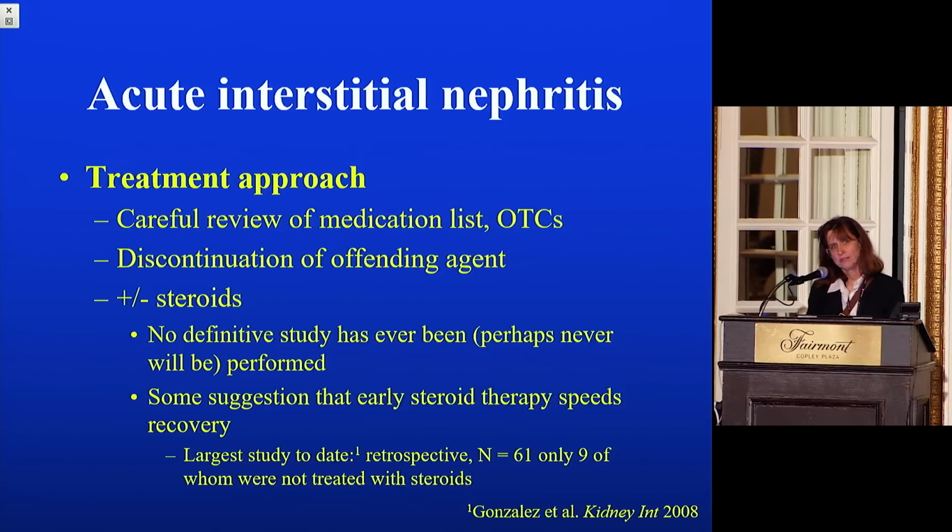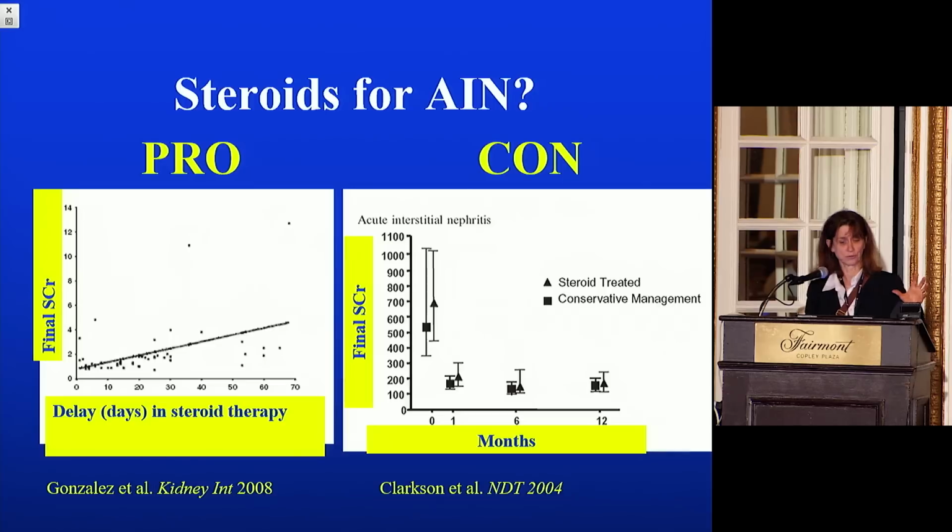The steroids, I have to say, most people give them. The data are contentious. They're all observational data. There's no randomized trial. Some studies, and there is more than one, suggest that starting steroids early can limit the course of AIN. And as I said, most studies are observational.